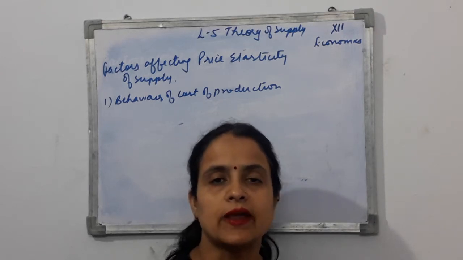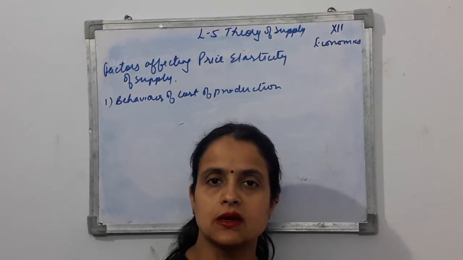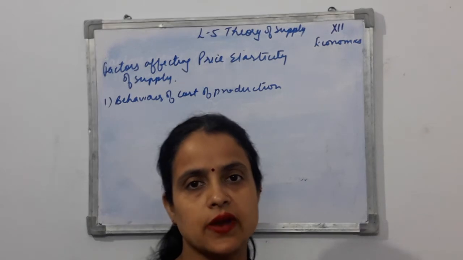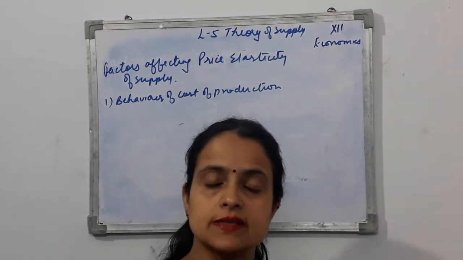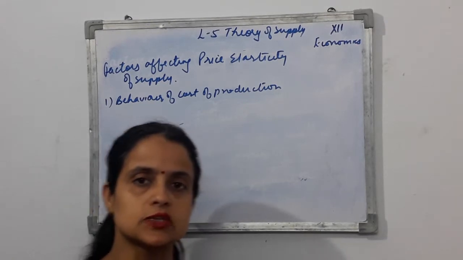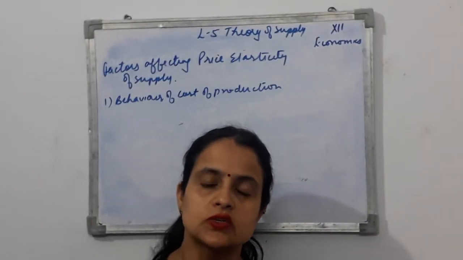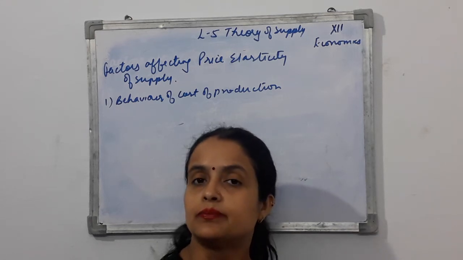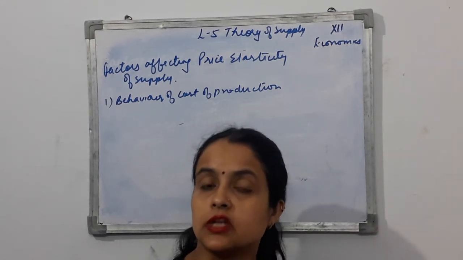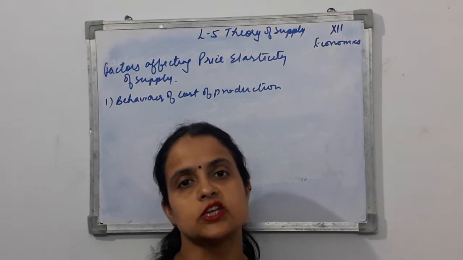Because why the cost is rising, because maybe the input is expensive, maybe the raw material is expensive, maybe the machinery is expensive. So when the cost is going to be high, obviously the price is also going to be high, and the consumers are not going to purchase the expensive goods.